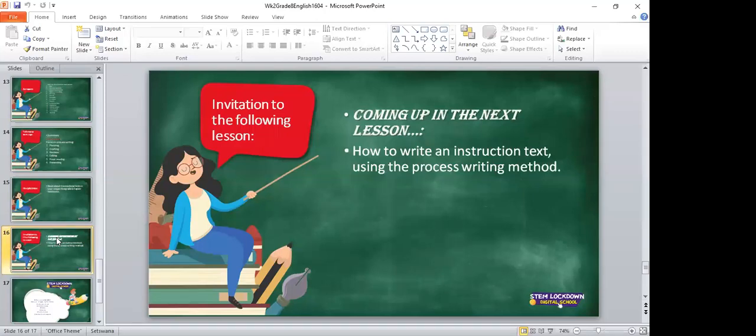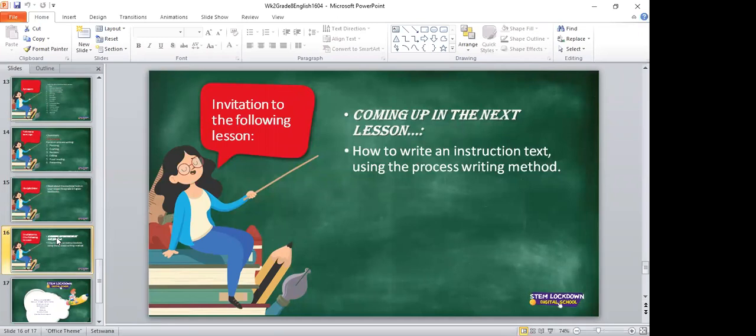Okay, can you please go back to step 2? All right, everybody, it seems like everyone wants to go back to step 2. Okay, I'm going back now. It seems like I still have 5 minutes, if I'm not mistaken. So yes, in tomorrow's lesson, you are going to write an instruction text using the process writing method. Today I was just presenting the method, so tomorrow you are going to use it.